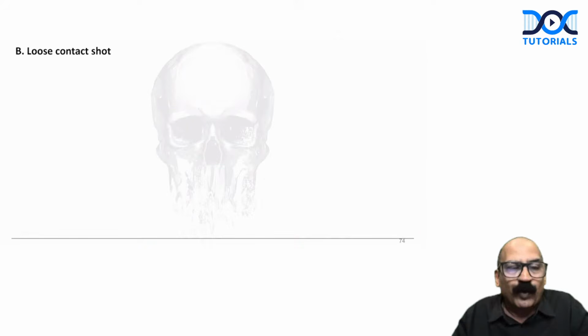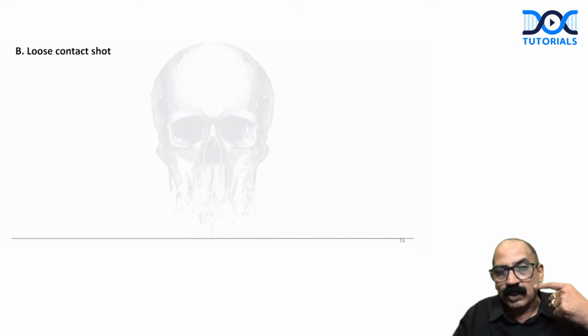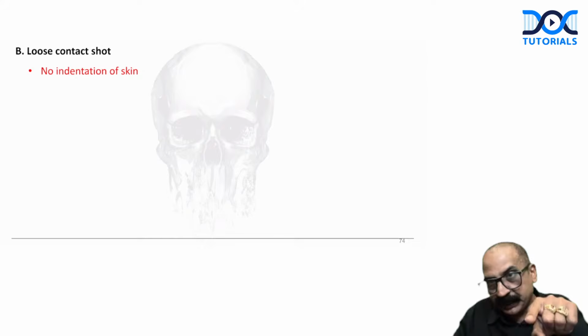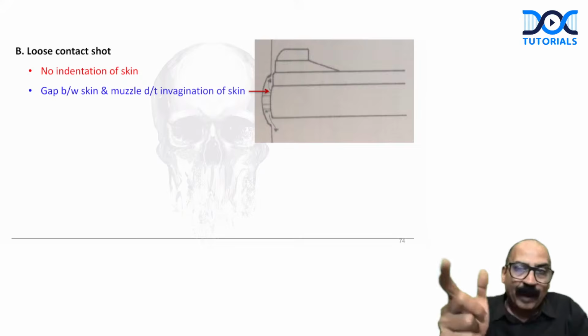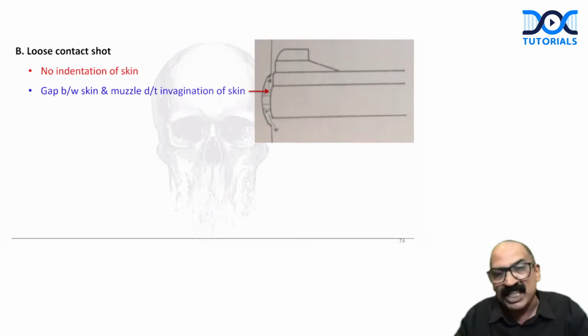Number 2, loose contact shot. Here, there is no indentation. The muzzle is touching the skin, but at the time of penetration of the bullet into the skin, there is invagination of the skin. Then there will be a gap. Through the gap, hot air, the flame, as well as the smoke and soot may escape and collect around the wound of entry.